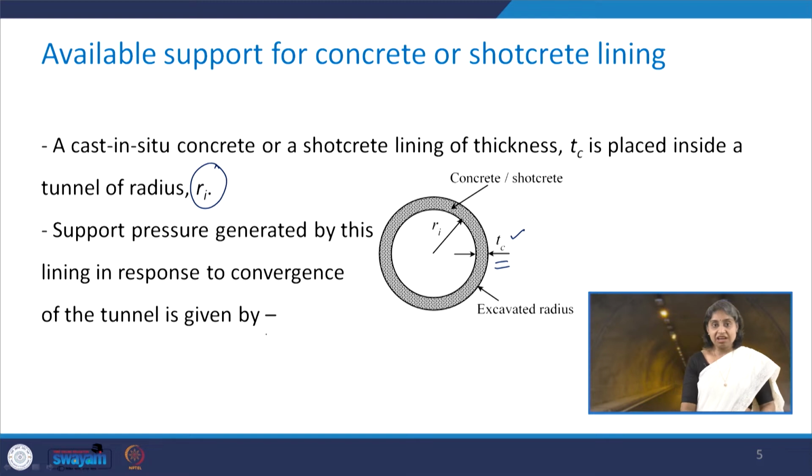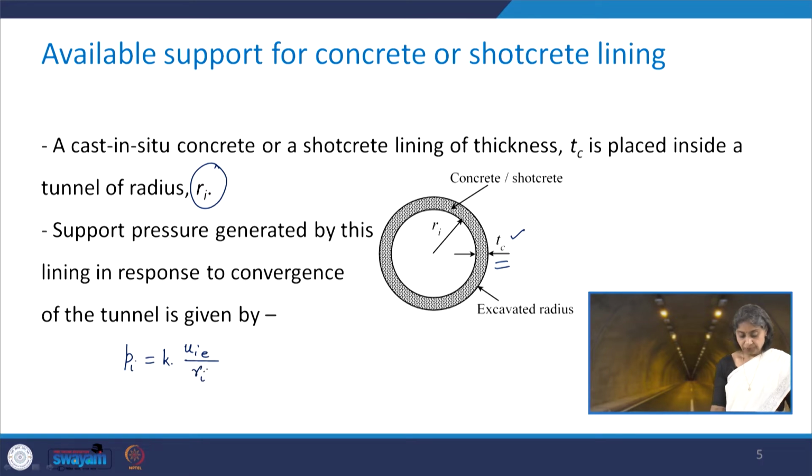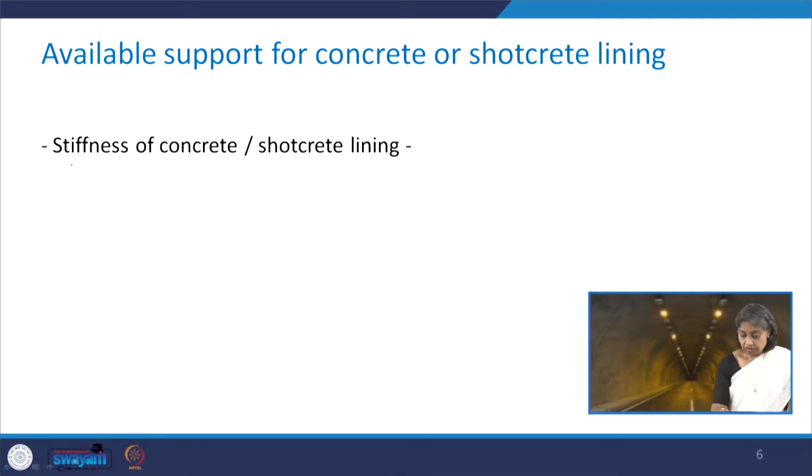This is given by this expression: Pi equal to K into UIE divided by Ri. So what about this K? This is the stiffness of concrete or shotcrete lining.